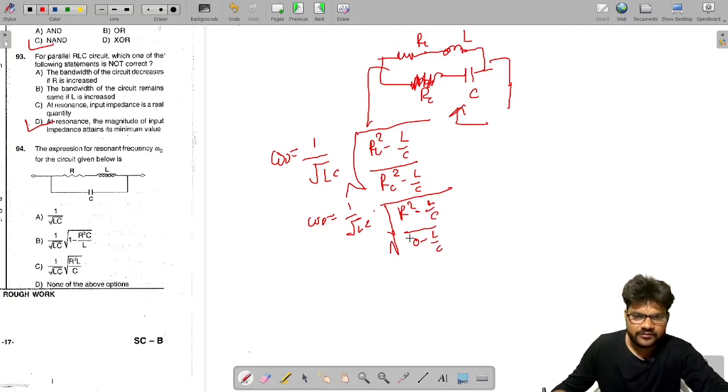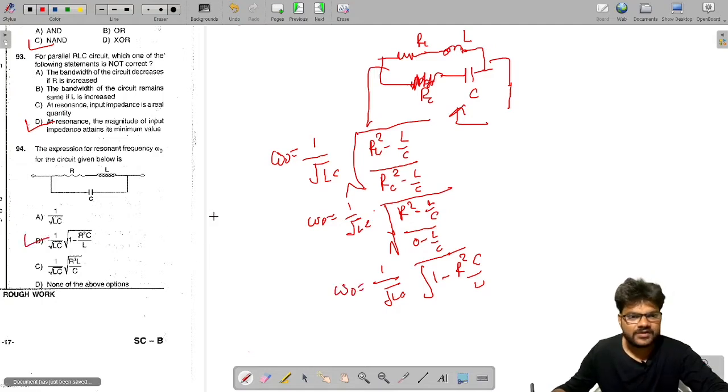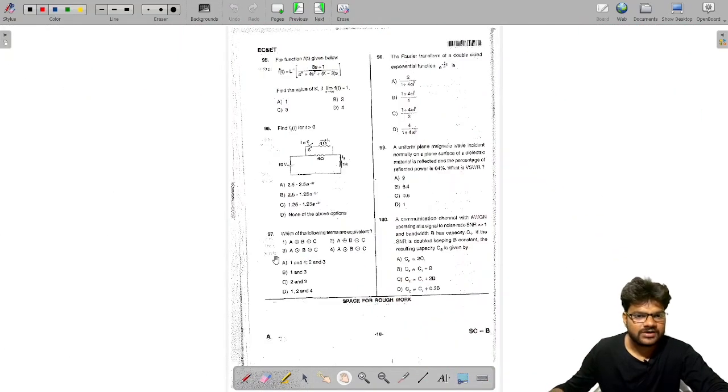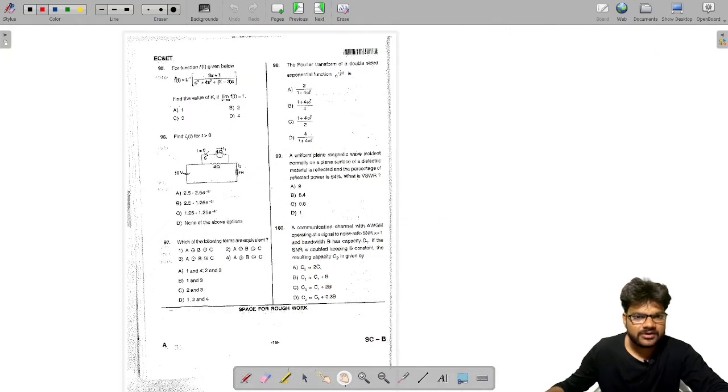So if you divide by L by C, this is going to be 1 by root LC, then this will be 1 minus R square C by L. So this is the resonance frequency for this circuit, and the correct option is B. So we are done with question number 94. Now let us go to the next questions. So let us start with question number 95.